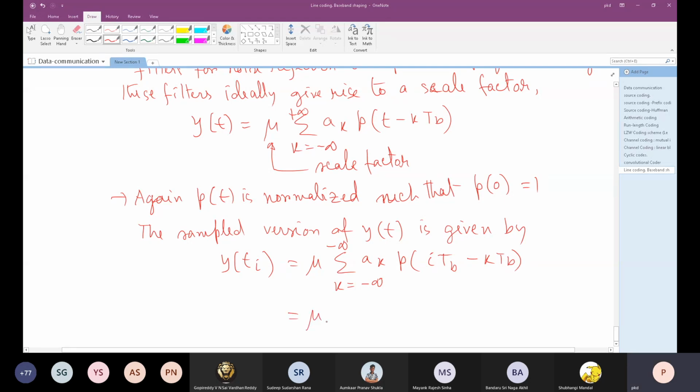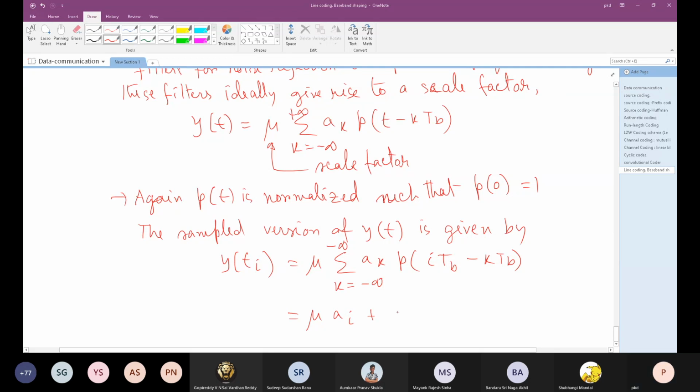So that would be mu into ai, because we want the ith sample. So for k equal to i, it will come as mu into ai.